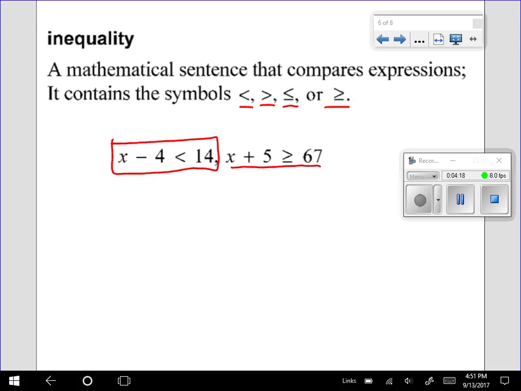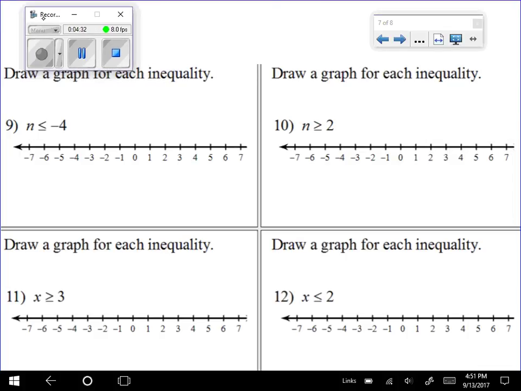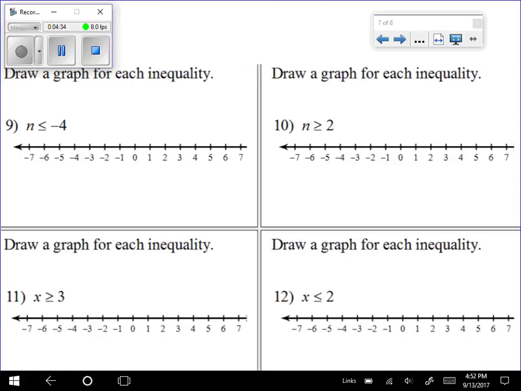Something we're going to talk about today is how we would graph inequalities, just as a reminder. In your notes, we're going to do these examples. You actually won't have any of these types of problems in your homework today, but it's always good to remind us.